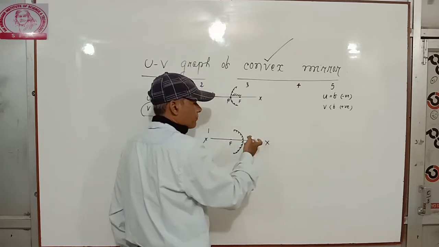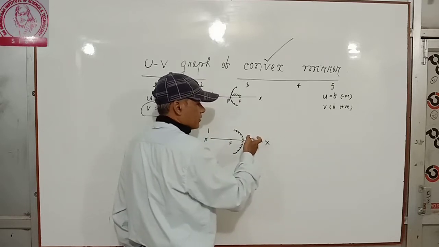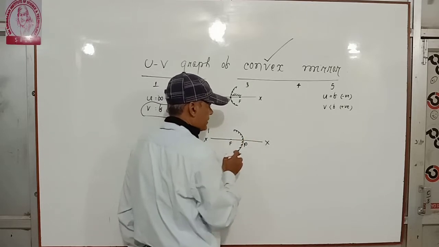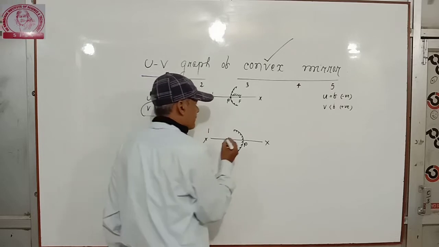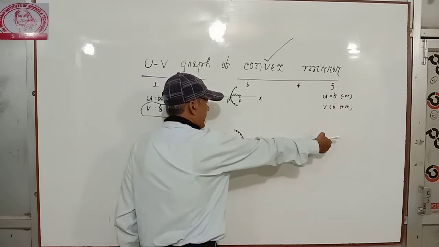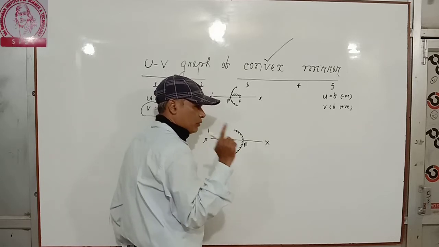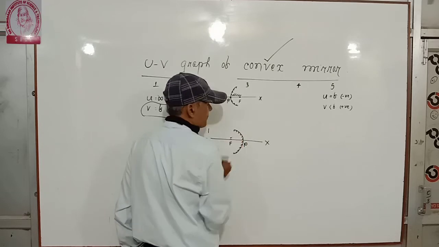From infinity, you have to move the object towards the pole, right? What will happen? When the object is at infinity, the image is virtual and will be formed at the principal focus. Means here.